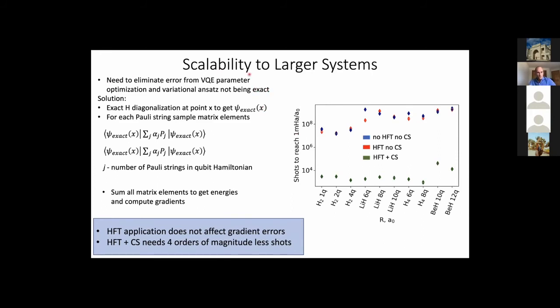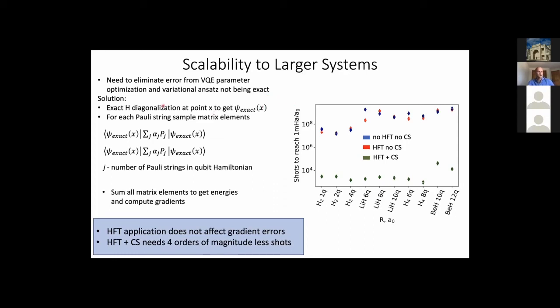So we need to eliminate errors from the VQE parameter optimization and the variational ansatz not being exact to look at larger molecules, and actually see what error comes from us using the Hellmann-Feynman theorem with the correlated sampling approach.